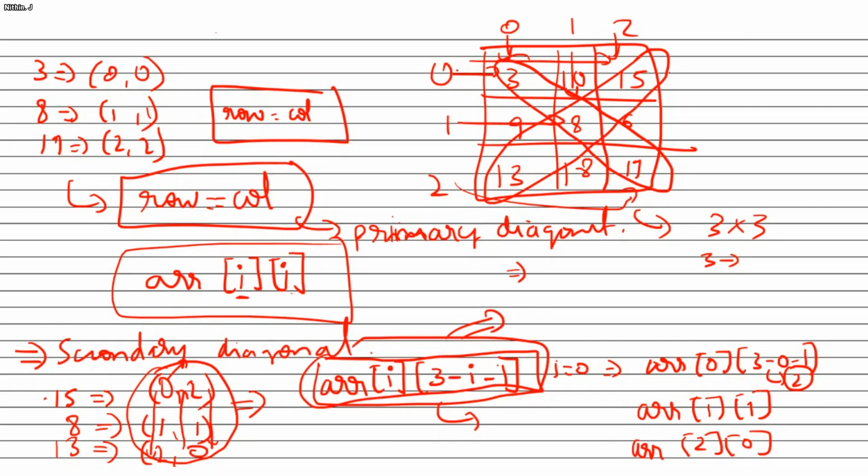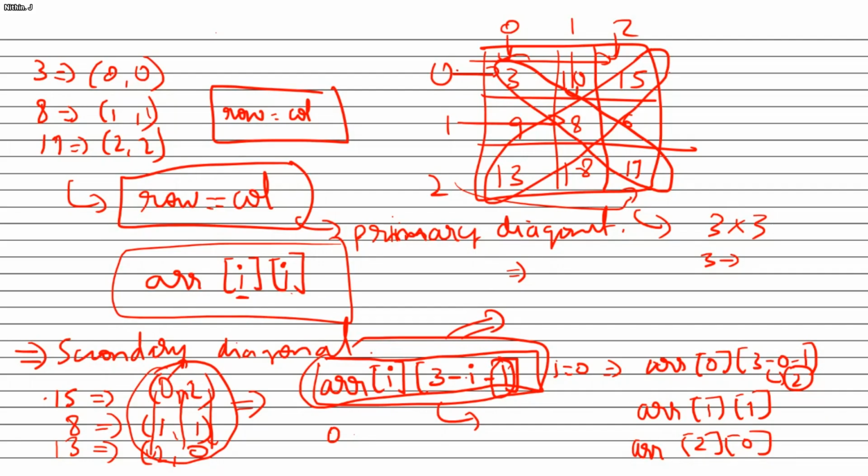And coming to the point of why we are doing minus 1, basically we are doing minus 1 because we are using zero indexing. Zero index means that our array starts from index zero. If it started from 1, there would be no requirement of doing this minus 1; it would just be 3 minus I. But whenever we are using zero indexing, we always have this minus 1.